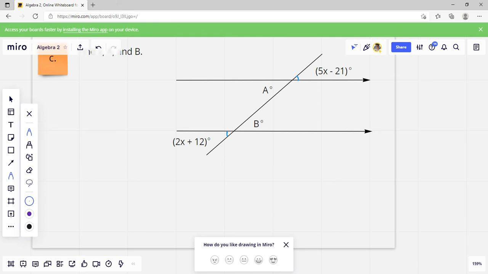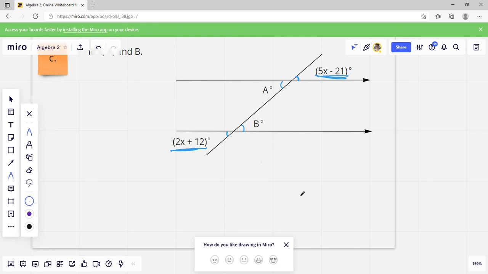We do not have a small angle and a large angle on this one. We have small angle, all these are small angles. Okay, so that means they're going to be equal to each other. That is equal to that.